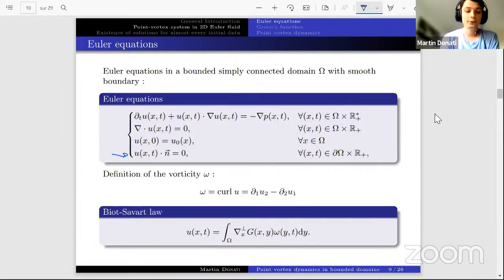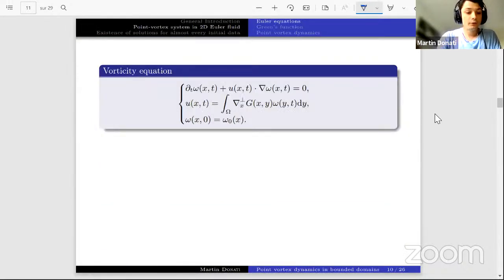And we define the vorticity omega as the curl of u. So it describes how the fluid rotates around itself. And I recall the Biot-Savart law, which is that if you know the vorticity omega, then you can compute the velocity u, provided you know the Green function G of your domain.